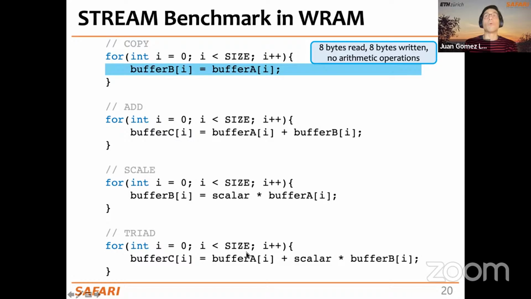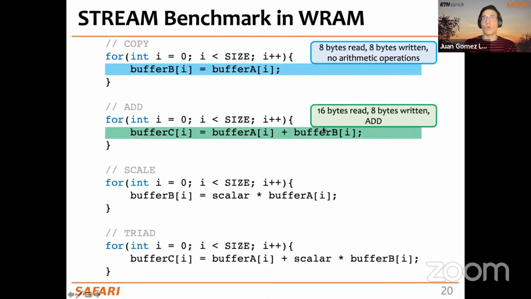So we can count the amount of data movement and the number of operations in each of these versions, assuming that we are using 64-bit integers in our experiment. Here, for copy, we would be reading 8 bytes from WRAM and writing 8 bytes to WRAM, and there are no arithmetic operations.